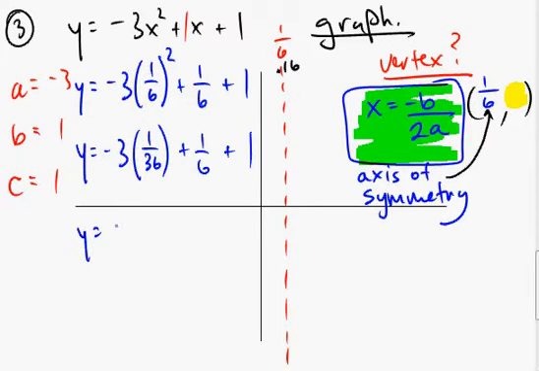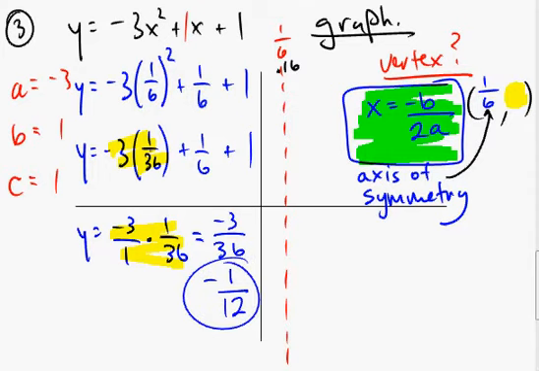-3 times 1 over 36 would look like this. That's this part. Right? And you could reduce that to -1 over 12. Okay, so this yellow part's -1/12. Right? Any questions?